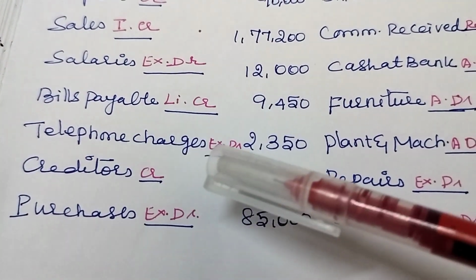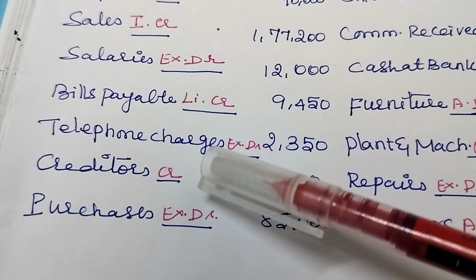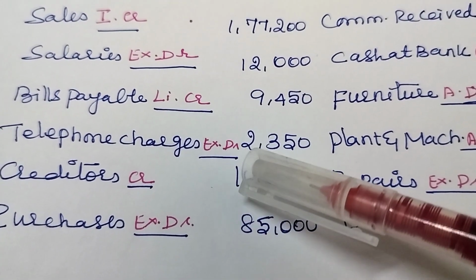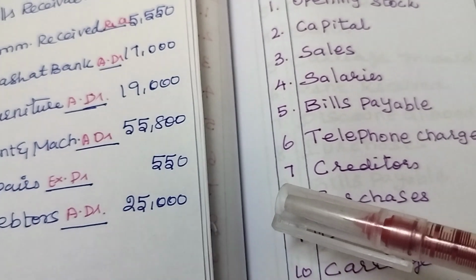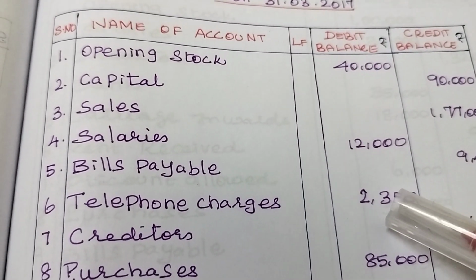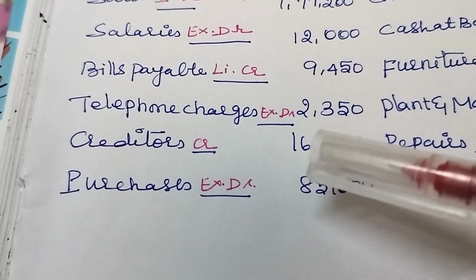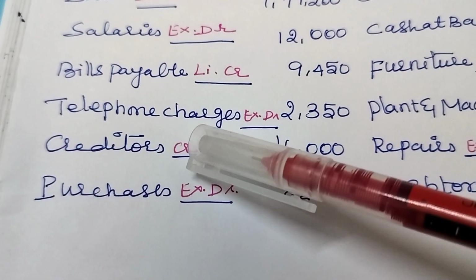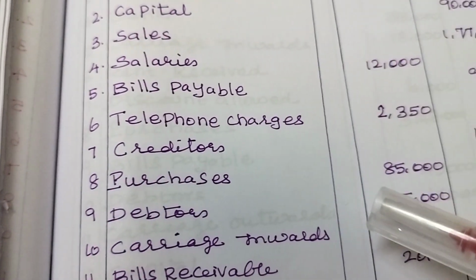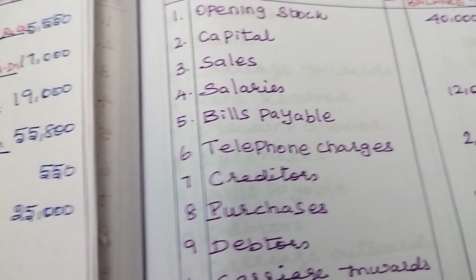Then telephone charges 2,350. All charges come under expenses account. Expenses account will be debited. So telephone charges 2,350 is entered on debit balance. Then creditors 16,000 rupees. Creditors will be credited. So creditors rupees 16,000 is entered on credit balance.